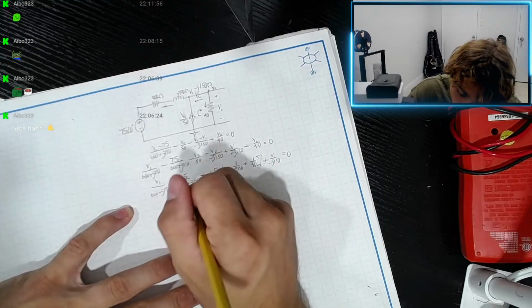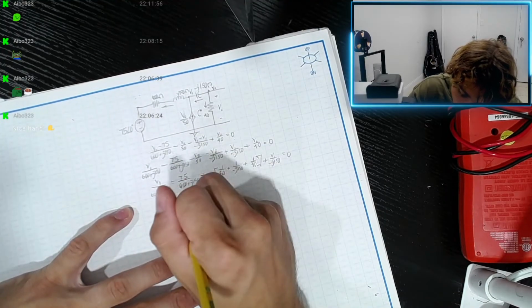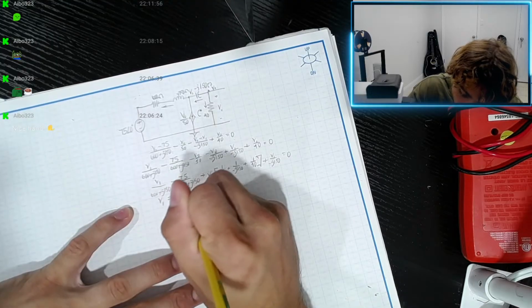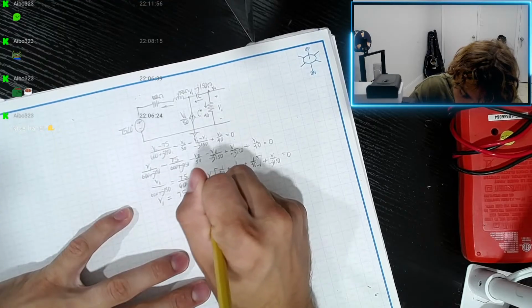Right, and then I multiply that. So V1 equals 75, that would just cancel, plus V out.